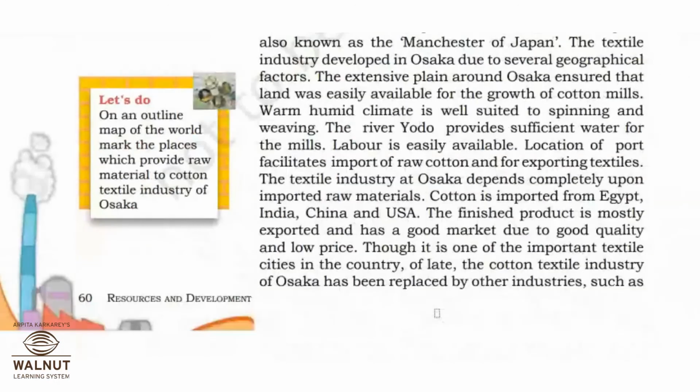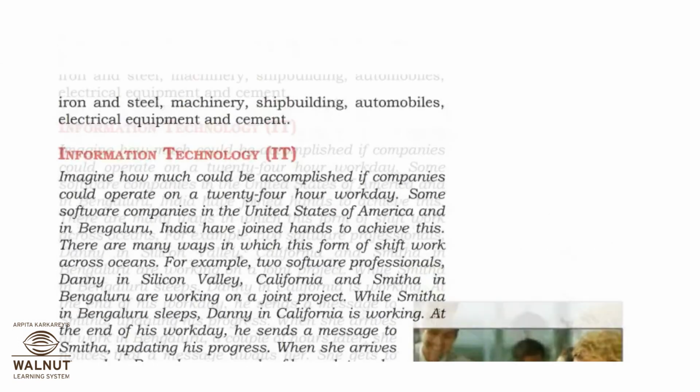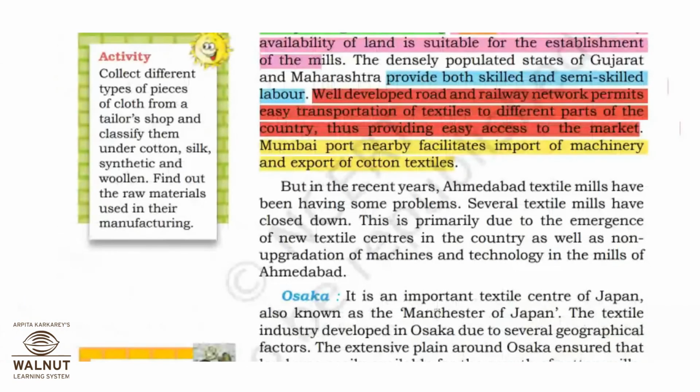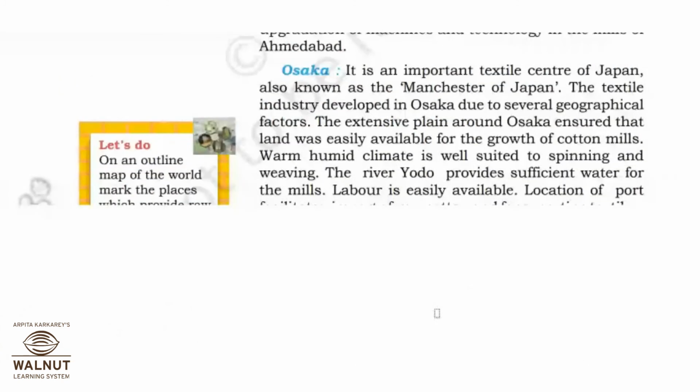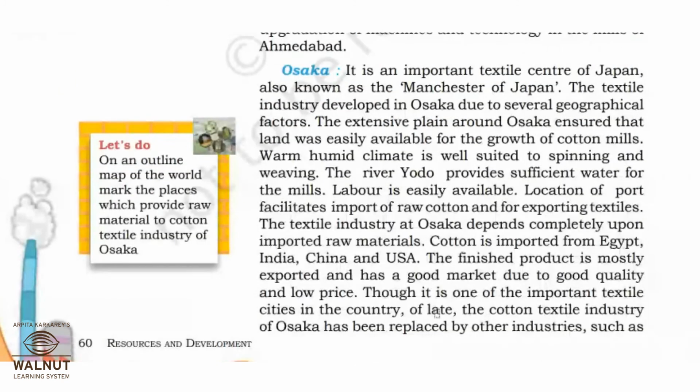Now I'm giving all of you 2 minutes because the period is going to end anyway. Just quickly go through Osaka in Japan and see if the conditions are the same. Osaka is in which country? Japan. Can you see it has a warm, humid climate? Labor is available.